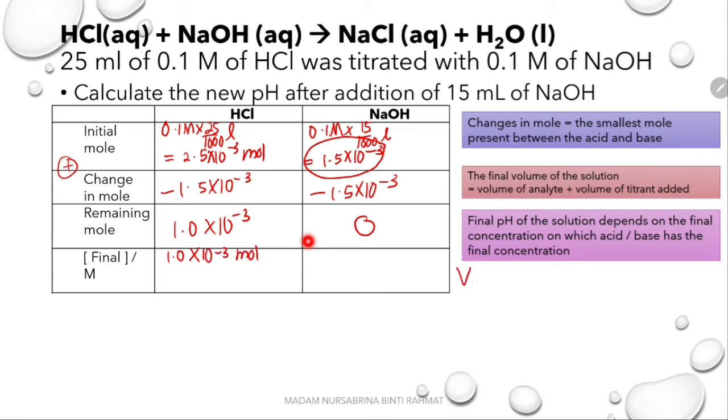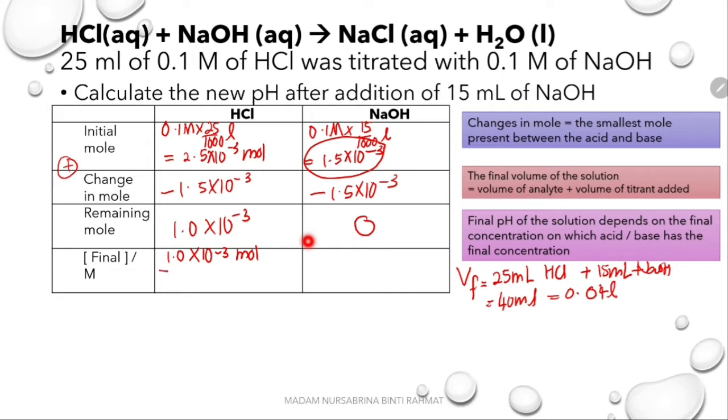For the final volume of the solution, we have initially 25 milliliters of HCl, then I add 15 milliliters of NaOH. In total, I have 40 milliliters of solution, which is 0.04 liter.